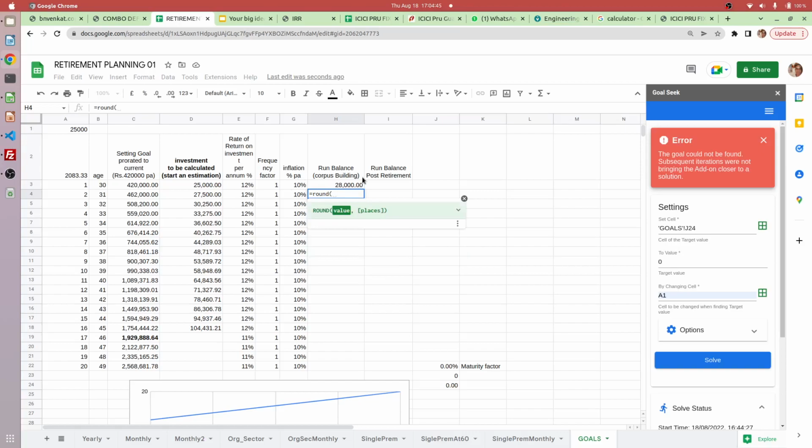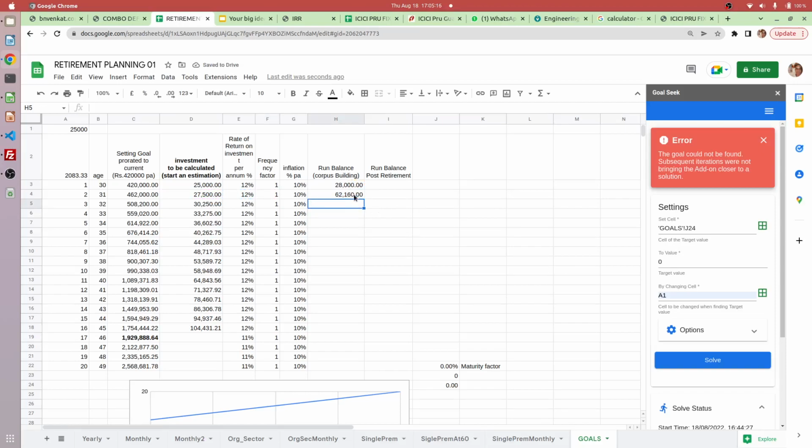Subsequent running corpus building will be: the running balance will be the previous year's running balance plus the current year's investment, both multiplied by 1 plus the return divided by the factor, comma 2 decimal places.